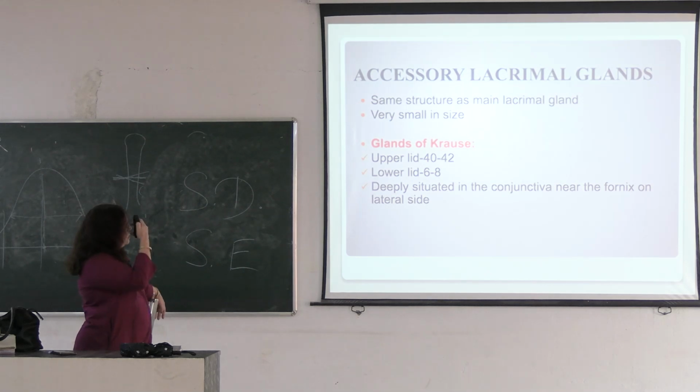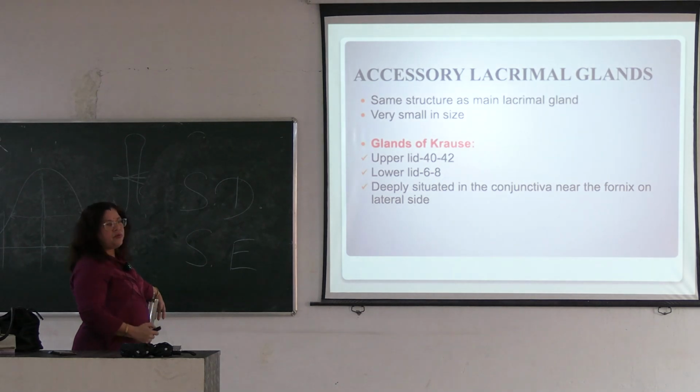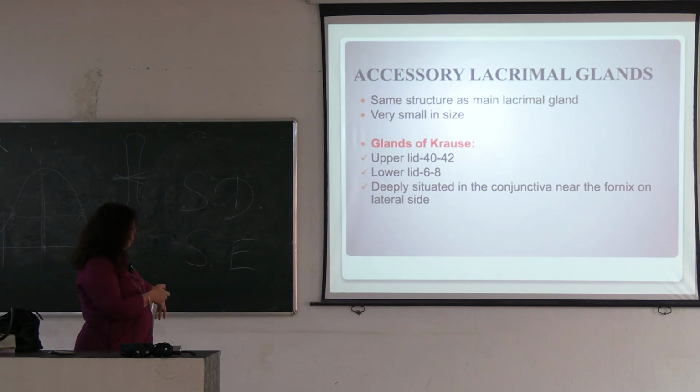These structures are very small and are called glands of Krause. There are 40 to 42 in the upper lid and 6 to 8 in the lower lid, deeply situated in the conjunctiva near the lateral fornix.